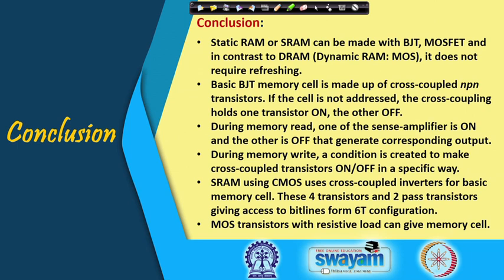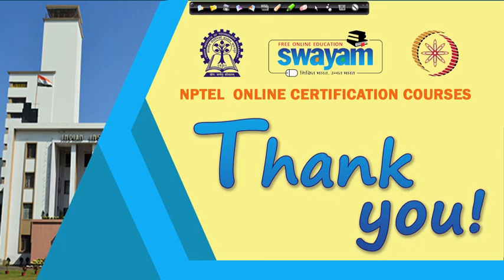And for BJT we have seen how the sense amplifiers and write amplifiers work. Similarly, we had seen in the CMOS and normal MOS the use of pass transistors for reading and writing operation. Okay. Thank you.